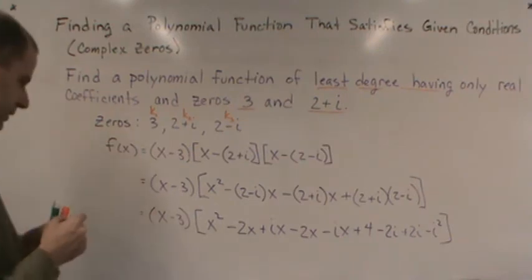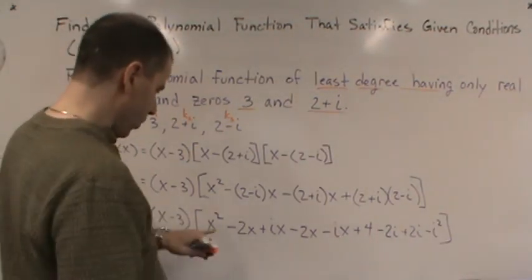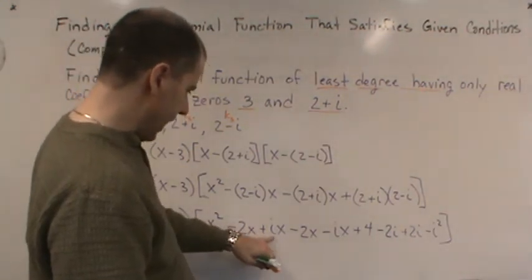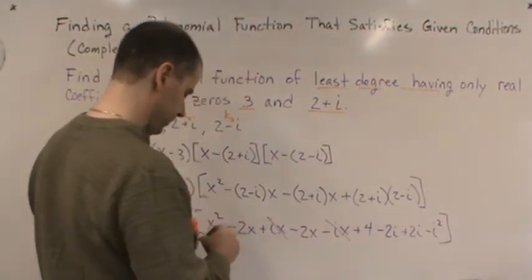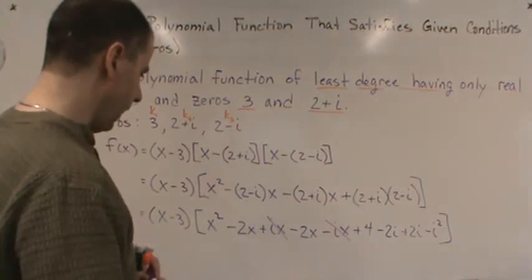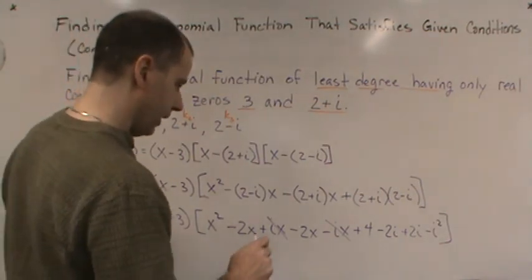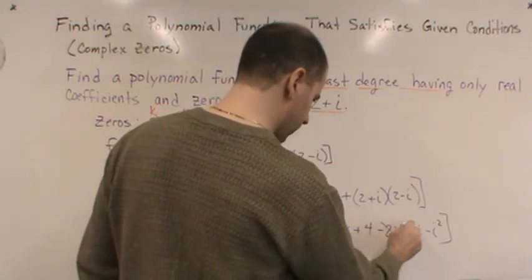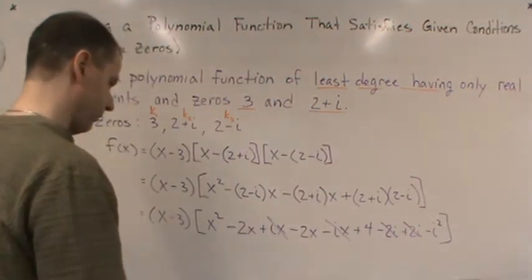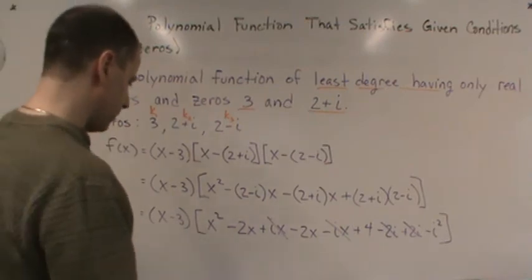So now let's see what cancels. Well, I've got a plus ix here and a minus ix here, so those two will cancel. And then I've got a minus 2i and a plus 2i here, so those cancel. And so now what do I get?